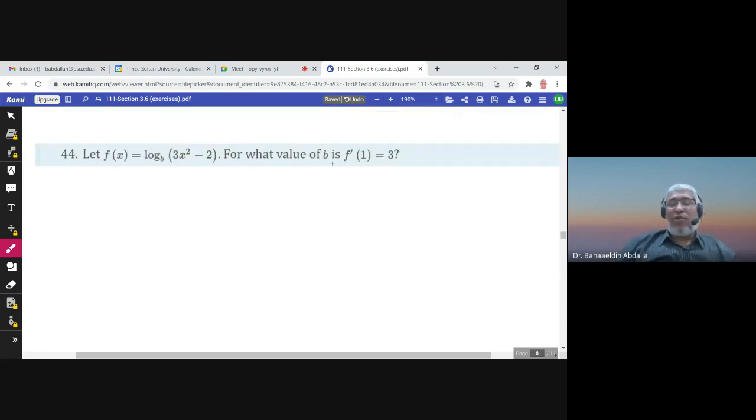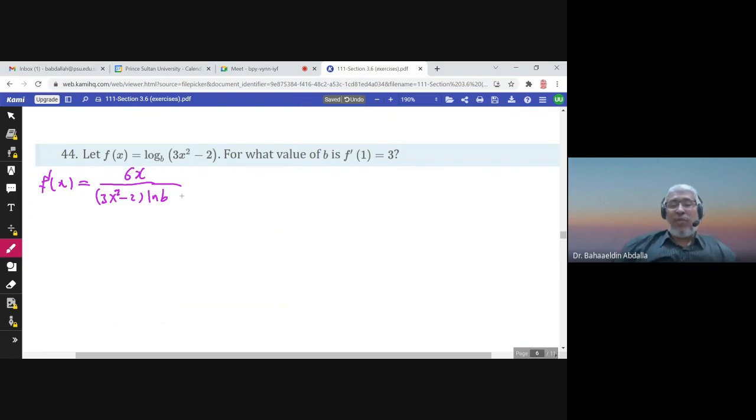For what value of b is f prime of 1 equals 3? Let us find f prime of x first. I have composition. Derivative is 1 over 3x squared minus 2 times ln b, times the derivative of 3x squared minus 2, which is 6x.